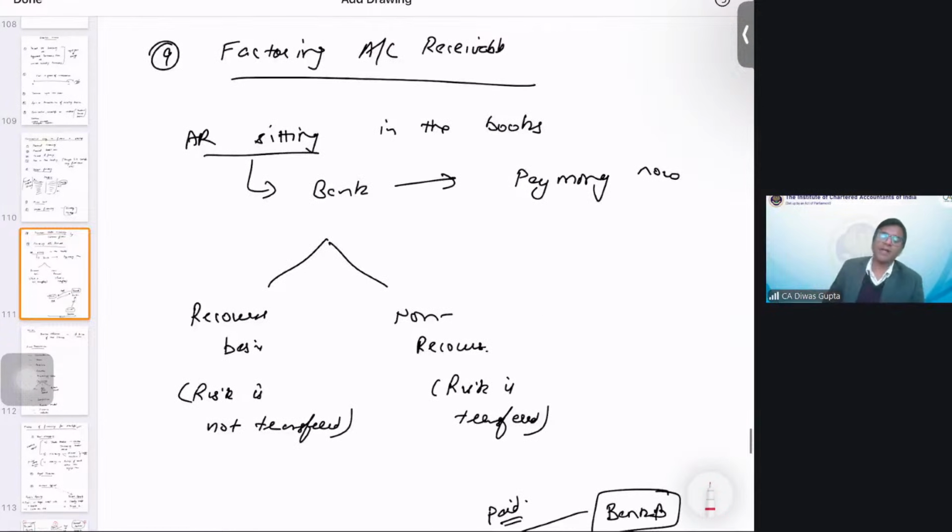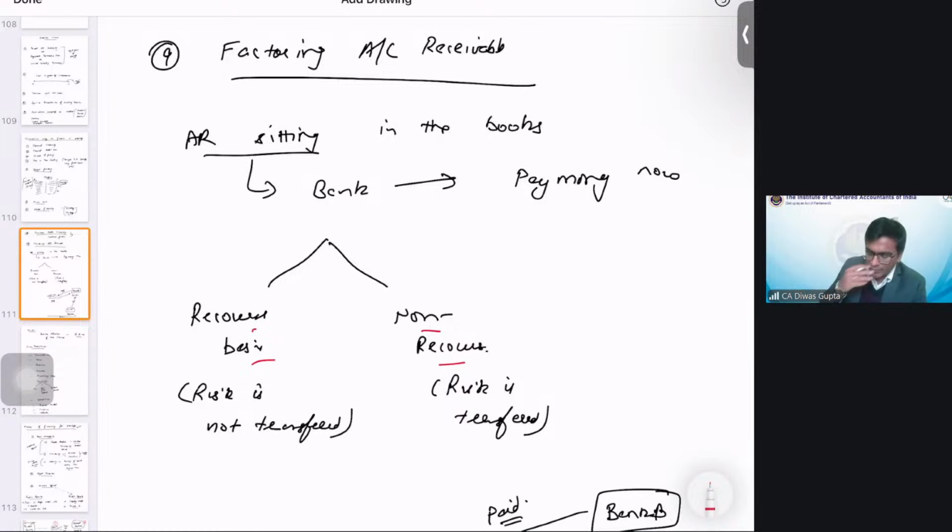Then the next part is factoring account receivables. The account receivable that is sitting in your books will be sold off to an agency, where that agency will pay you now, and then later on it will recover from the customer, right? The factoring part we discussed in the securitization topic as well, where some question was asked on the difference. Now it can happen on two bases: recourse basis and non-recourse basis.